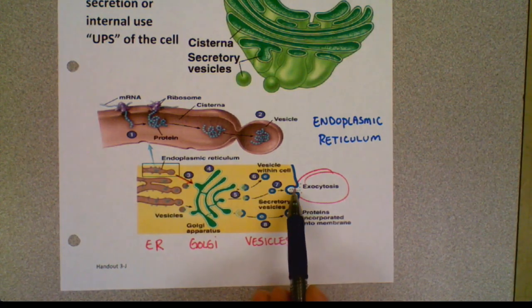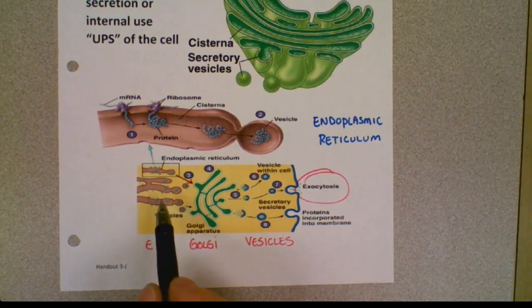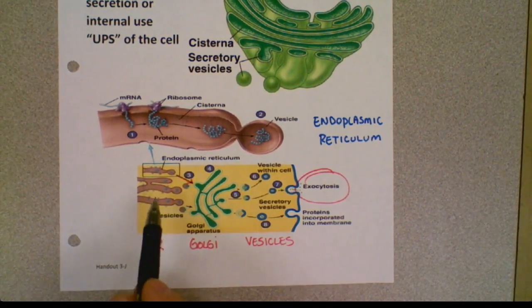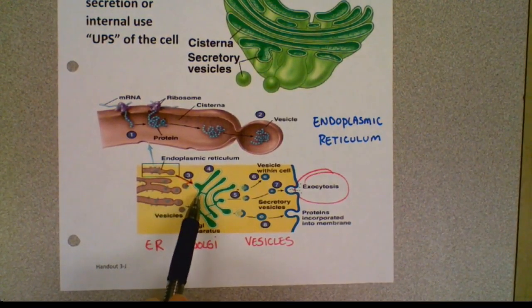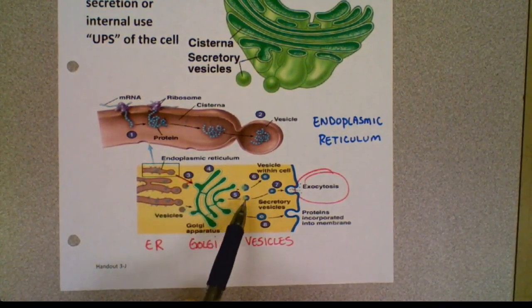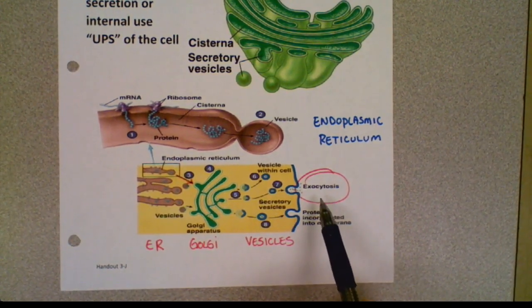via exocytosis. So the Golgi apparatus is going to take whatever the cell makes. Let's say it's a hormone. Maybe it's oxytocin, right? We're going to make oxytocin. The Golgi apparatus is going to take that oxytocin, package it up into a vesicle, and then ship it out of the cell through exocytosis.